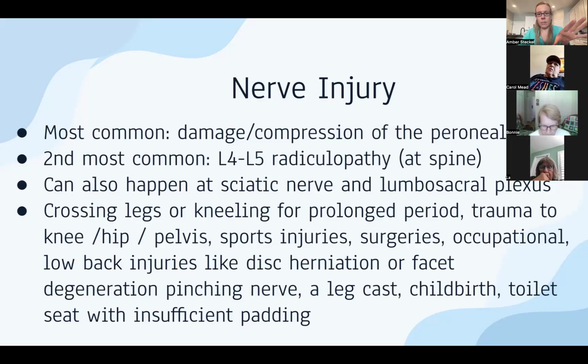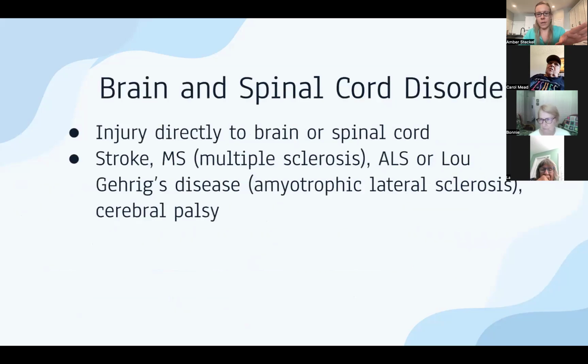So this is probably one of the most common. The second would be from something like a stroke. So that's when I've seen it most. So any brain and spinal cord disorder could cause it. Injury directly to the brain or spinal cord, whereas the nerve injury, we're talking about the peripheral nerve, which is once it exits the spinal canal.